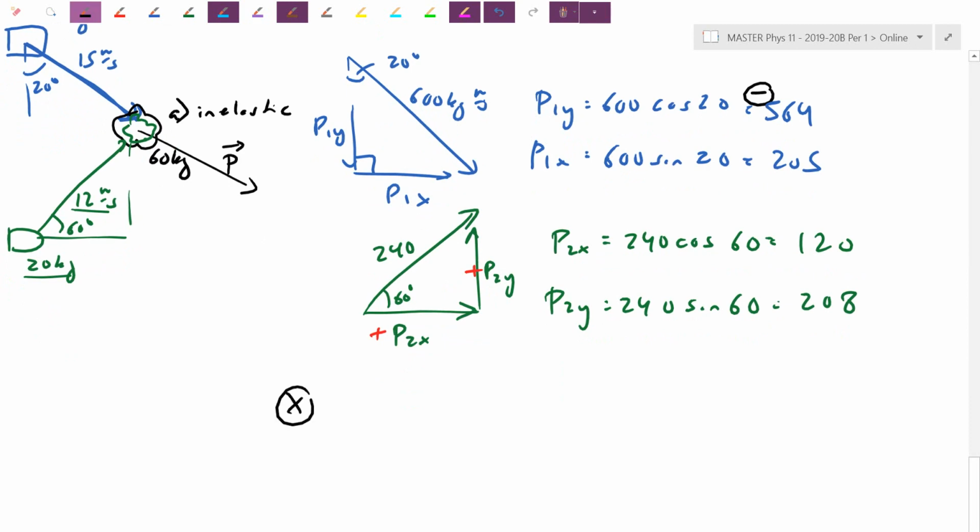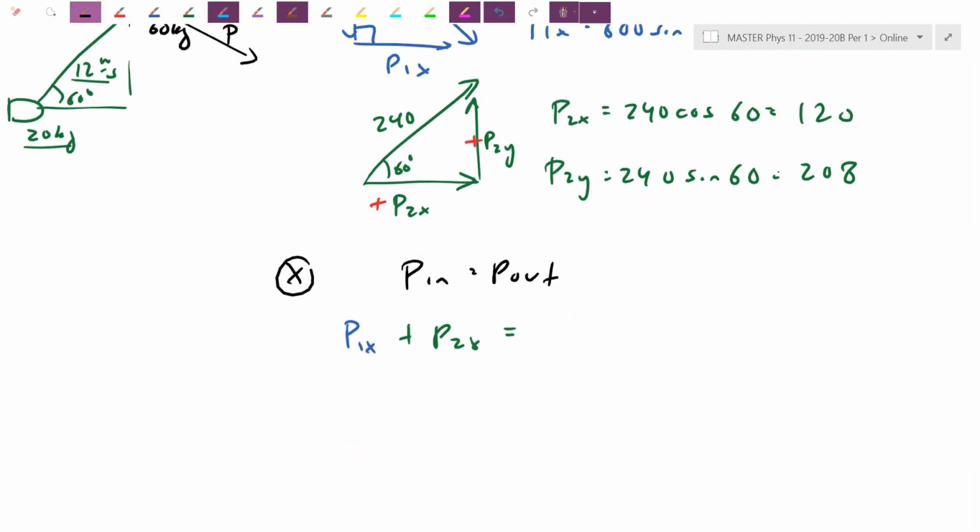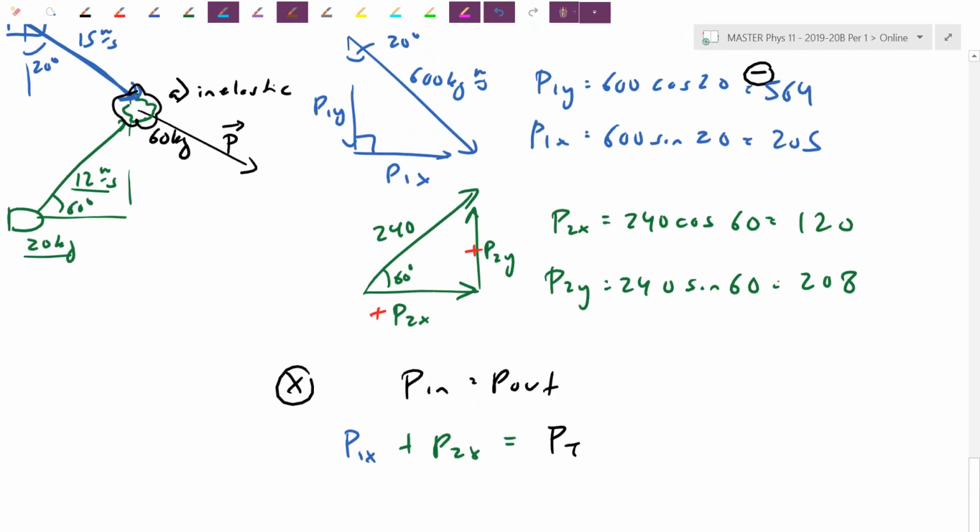In the x direction, my P in has to equal P out. So if I take P1x, the horizontal momentum of the first guy, plus P2x, the horizontal momentum of the second guy, this has to equal, actually sorry, they're combined, so P total of both skaters. I'm going to take just their x components. First guy had 205, the other guy had 120.